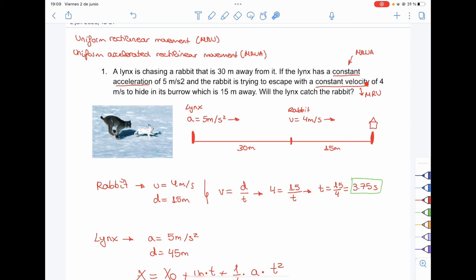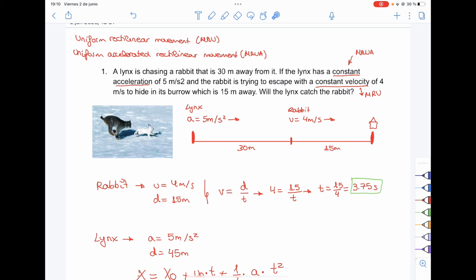So if the rabbit has a constant velocity, for the rabbit we can use the formulas of the uniform rectilinear movement. And if we know that the lynx has a constant acceleration, with the lynx we can use the formulas of accelerated movement.